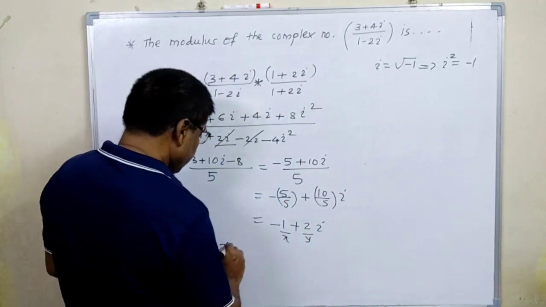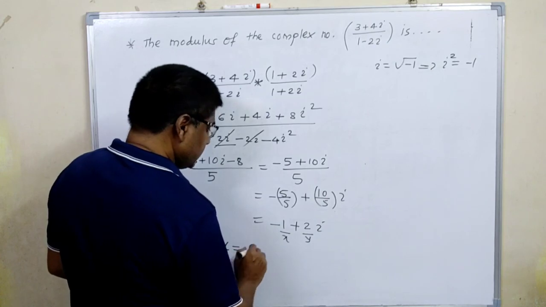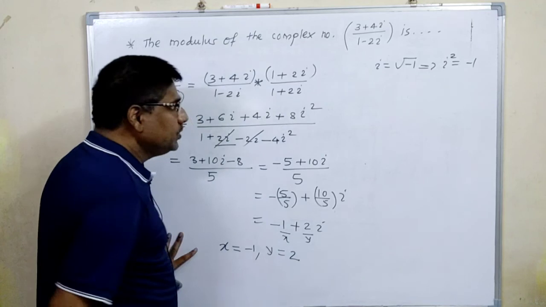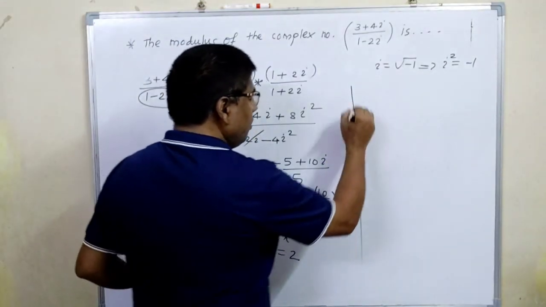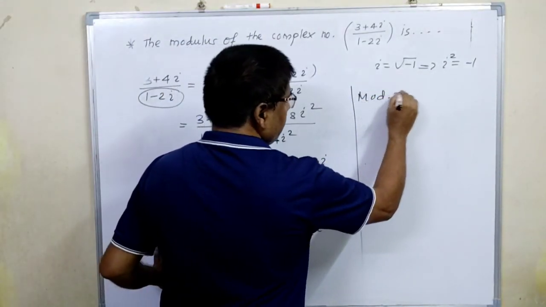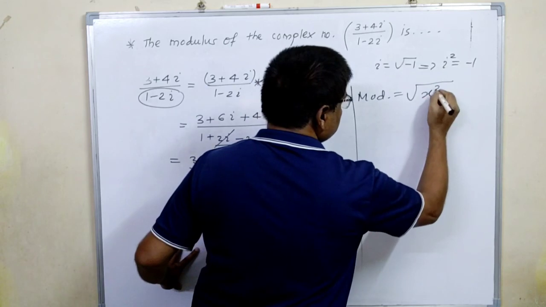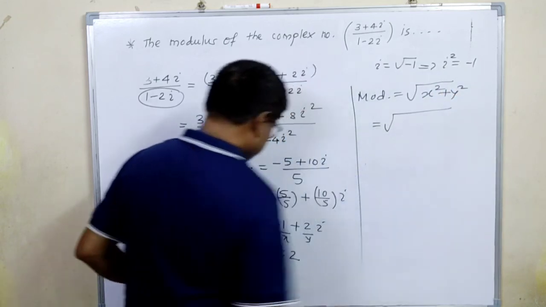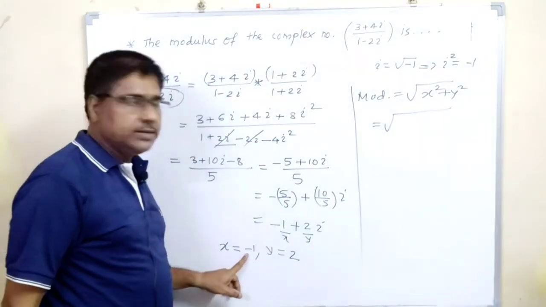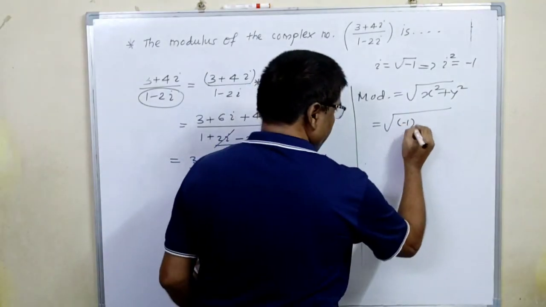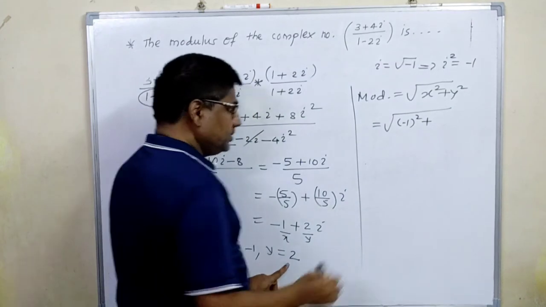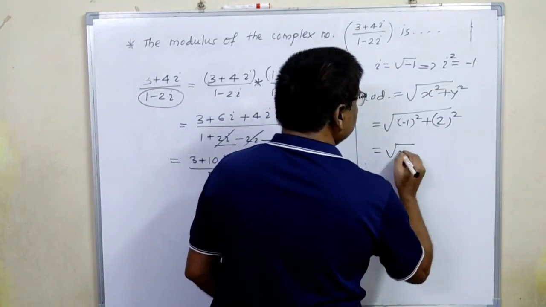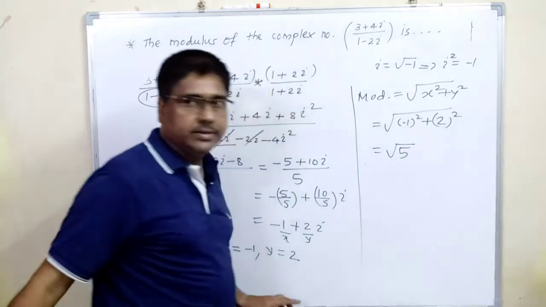The value of the real part is minus 1 and the value of the imaginary part is 2. The formula for modulus is root of x square plus y square, root of minus 1 whole square plus 2 square, which is root 5. This is the answer.